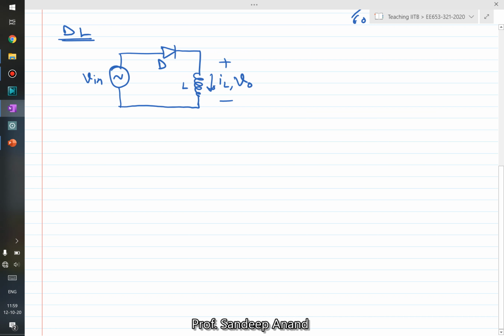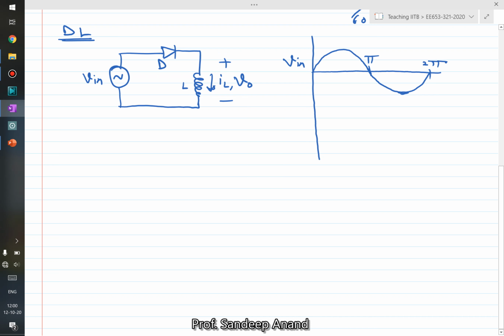Now if I have to draw the waveforms for qualitative analysis of this circuit, let's start with drawing the input voltage. Okay, this is your input voltage waveform. I've taken a sinusoid. You can consider a cosine also. This is pi, this is 2 pi, right?